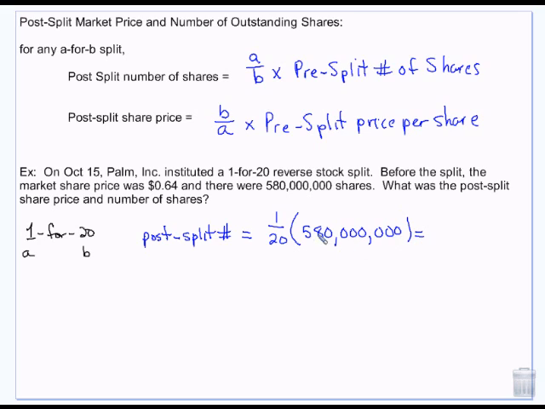Basically this is 580 million divided by 20, right? Or you can do 1 divided by 20 and get the decimal and then multiply it by 580 million. Either way is fine, just so long as you get to 29 million. So the other way you can write this is 580 divided by 20 because of a 1 to 20. If there was a 2 or 3 or something up here, that would change.